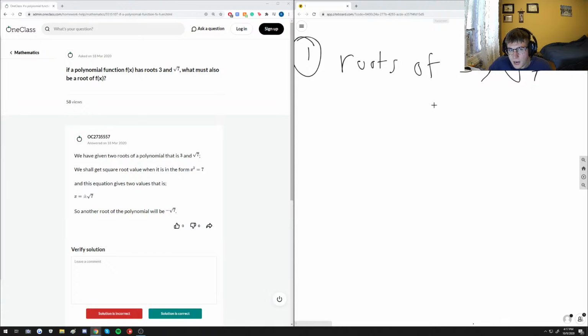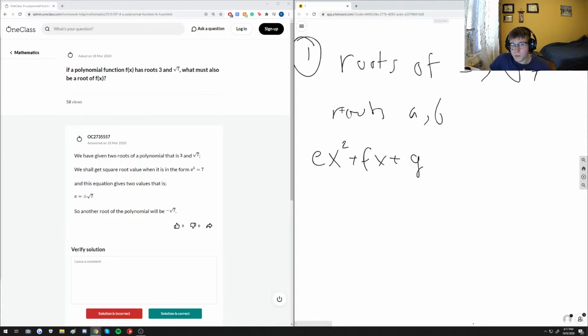Basically, this means that our polynomial can be written as the product of certain factors, right? So let's say you have roots a and b of a quadratic equation, for example. And we know that a quadratic equation is some equation in the form of, let's use different letters, ex squared plus fx plus g, right?